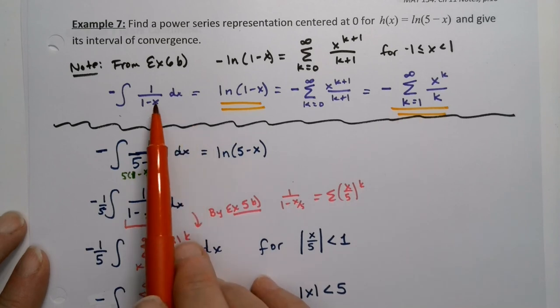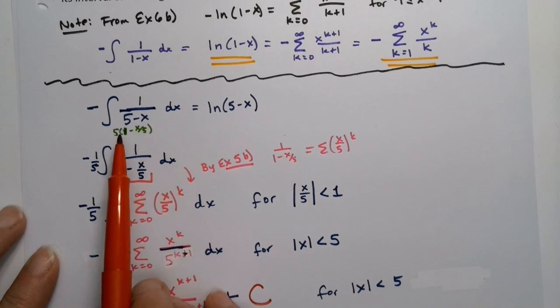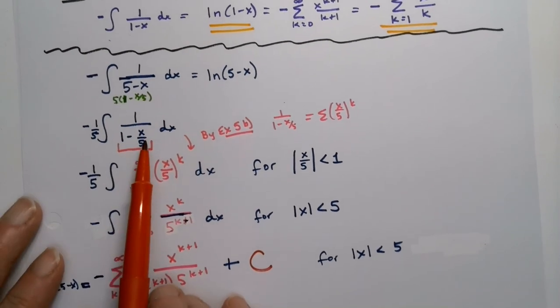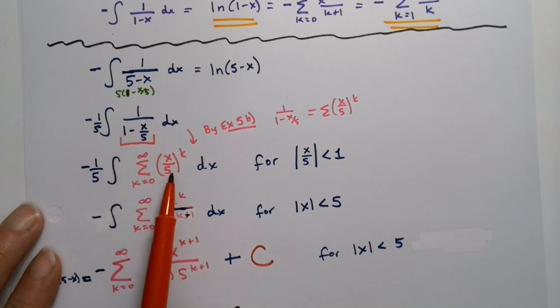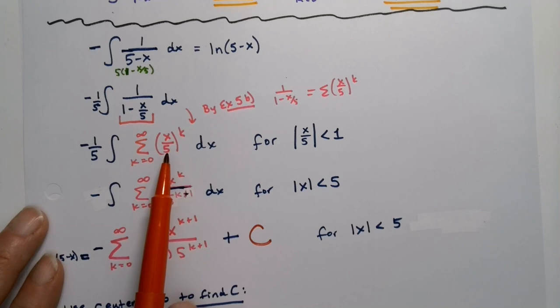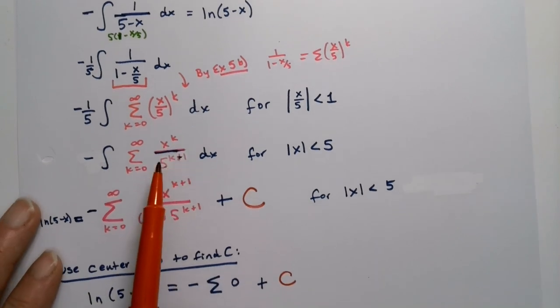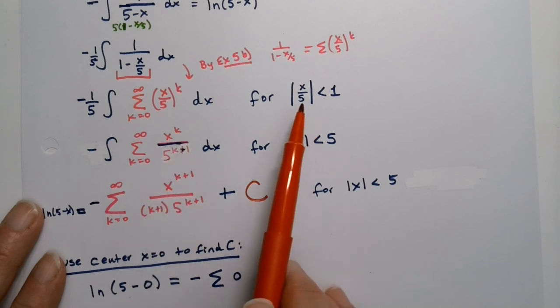And I go, well, okay, the integral of natural log of 5 minus x, I can factor the 5 out and make it 1 minus x over 5. But 1 minus x over 5 is equal to this summation from a previous example. We've already done that. So then I can bring the 5 in. That gives me that. I've got my new interval, right?